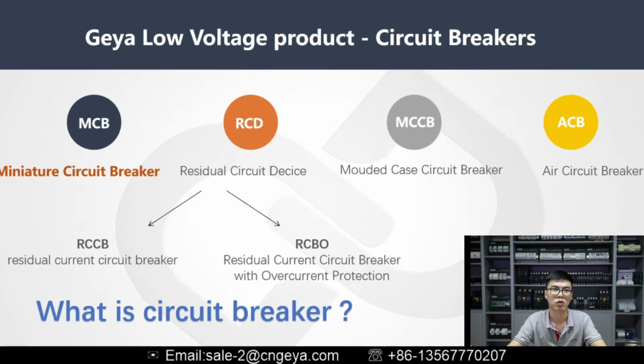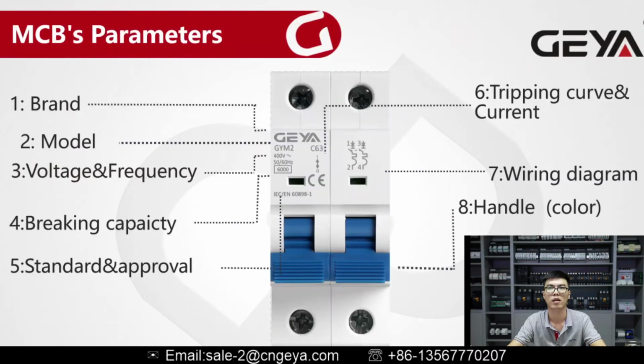First, I will introduce the MCB. You have to know the MCB parameters, then you know how to choose a Geya MCB model. Please check it on the screen. First, you will see the brand.